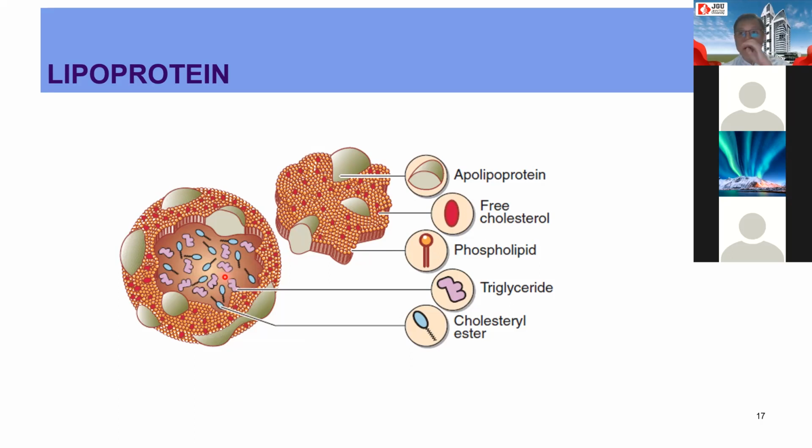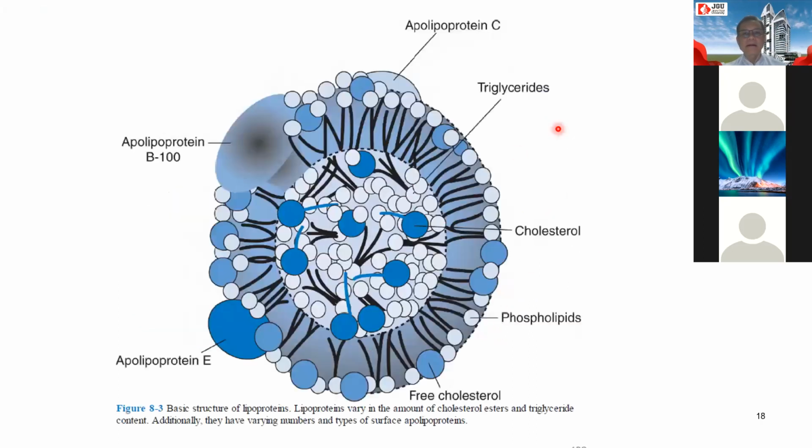So the core of this lipoprotein is full of lipid: triglyceride and cholesterol ester. The cholesterol inside is in the ester form because it binds to some salts, so cholesterol ester.